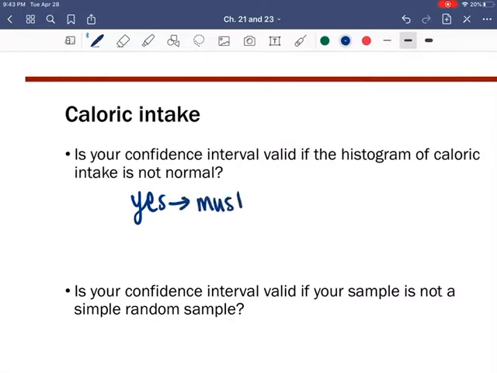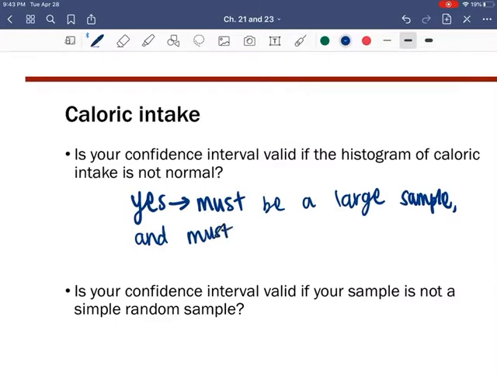What matters is it just must be a large sample, and must be random. And again, large means greater than or equal to 30.